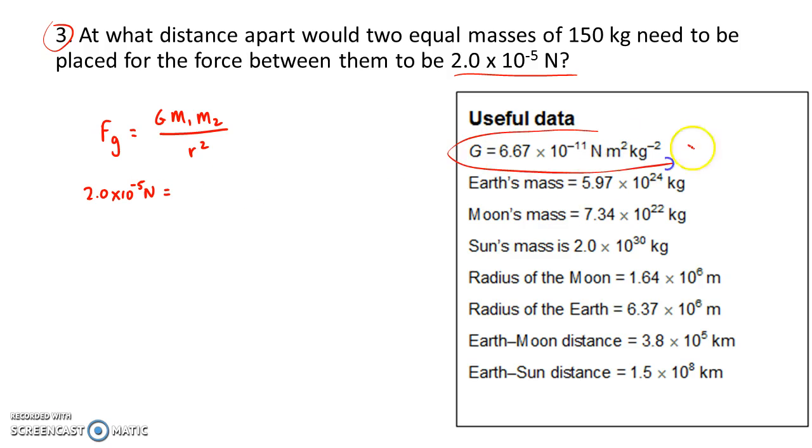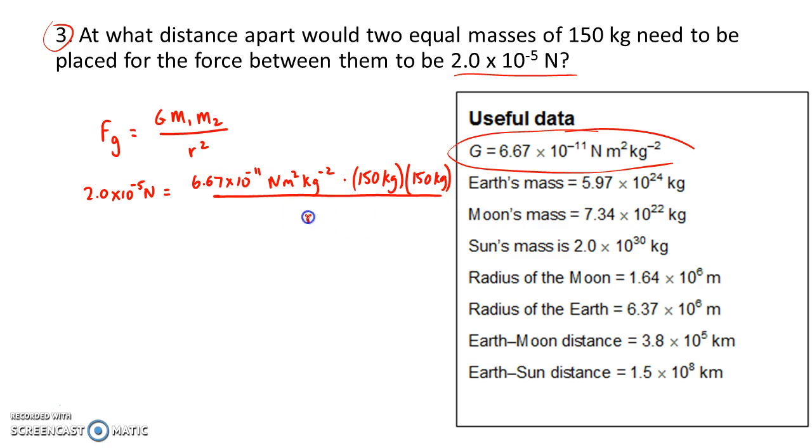G is a constant. You can find it with your data up at the top here. 6.67 times 10 to the negative 11 newtons meters squared kilograms to the negative 2. Two equal masses. So each one of those masses is 150 kilograms. And we need to find what is that distance between them. What is r?